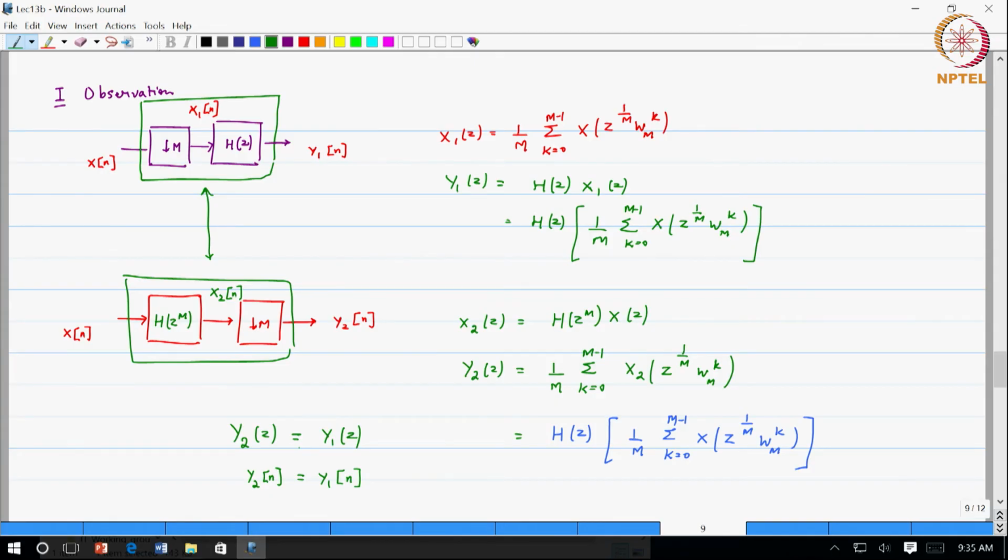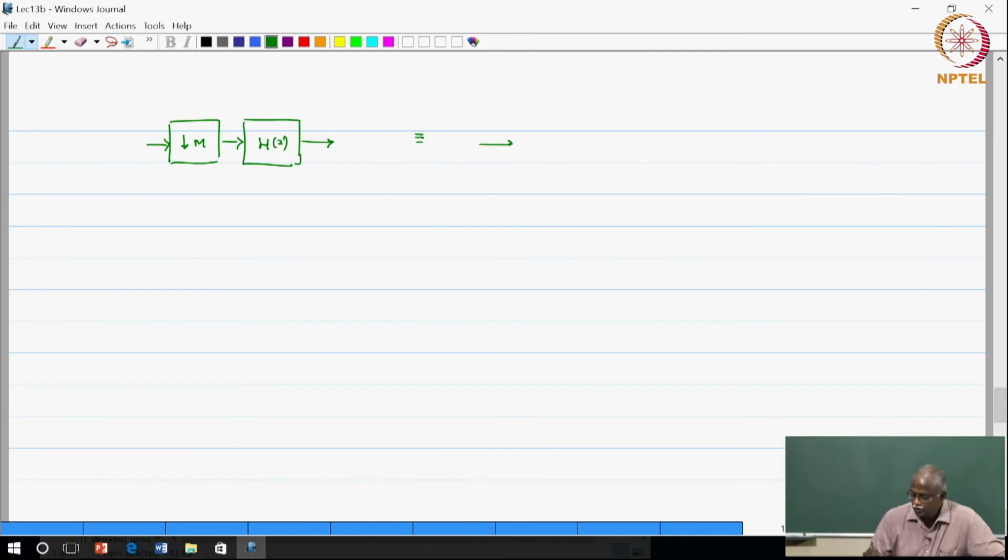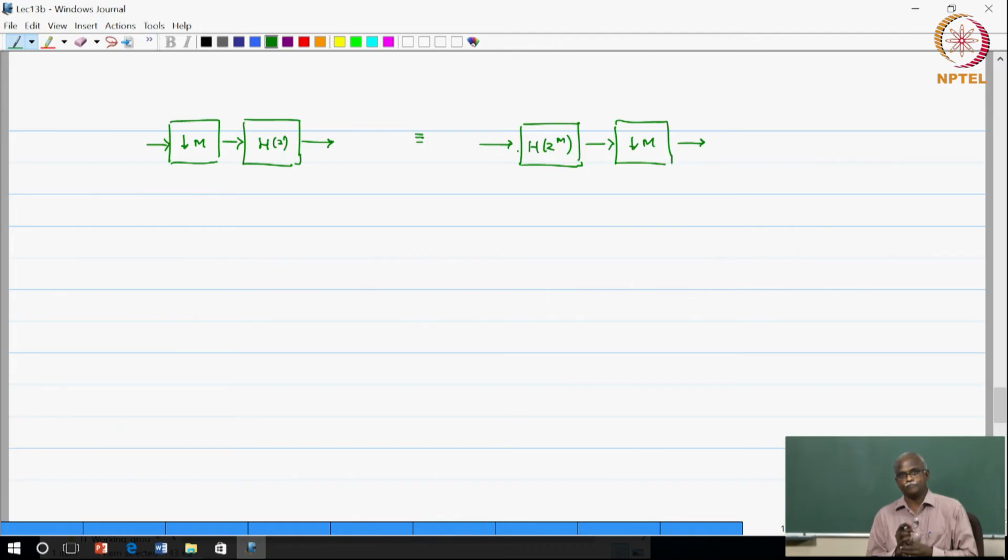So, I can actually draw it: downsampling by a factor of M followed by H(z) is identically equal to filtering by H(z^M) followed by downsampling by a factor of M. These two are identical.